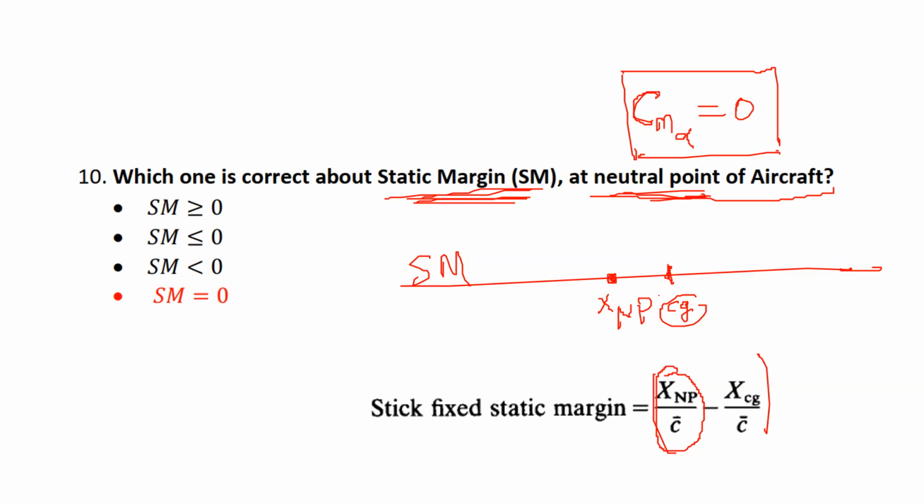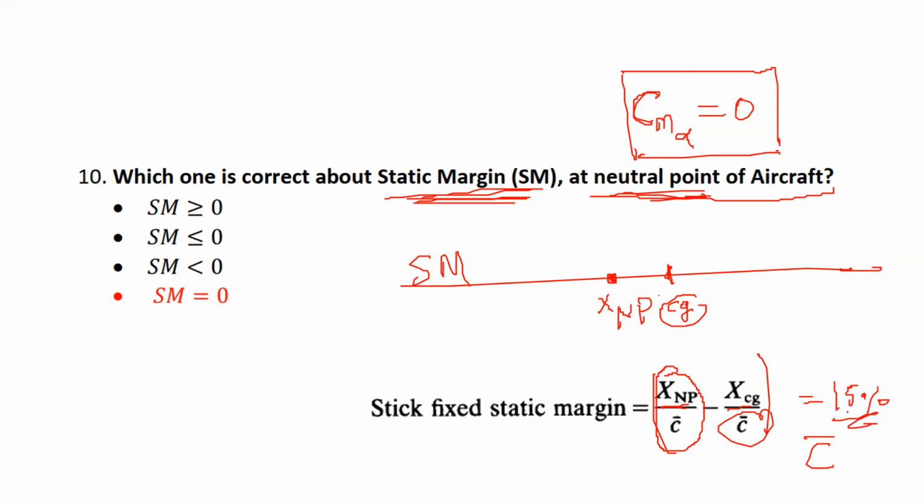To ensure that, we take this difference between the location of the neutral point and CG, and we keep it around like 15%. And 15% of what? Mean aerodynamic chord. So 10 to 15% of distance it will always have.